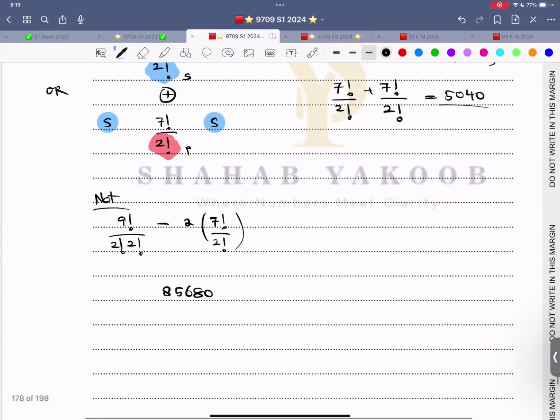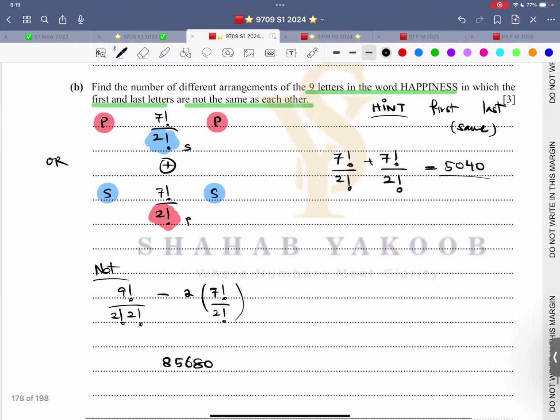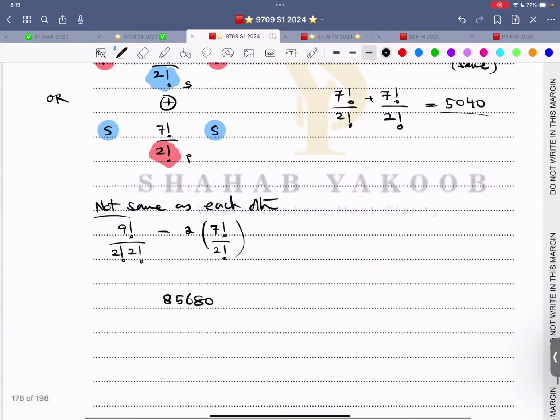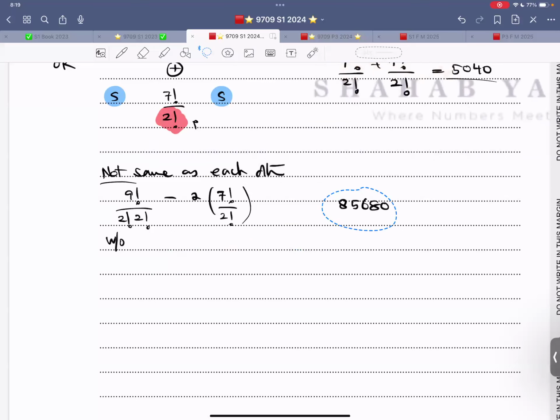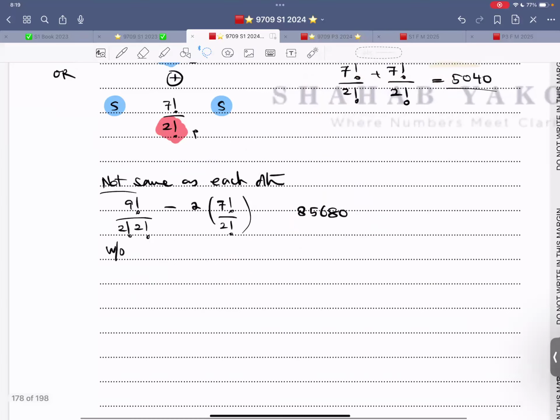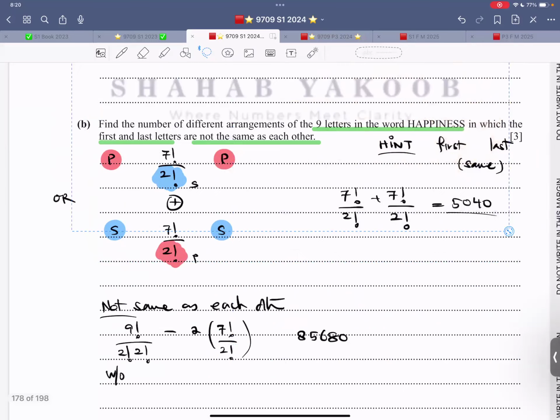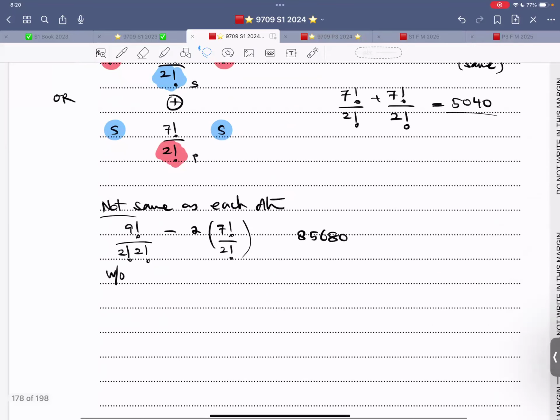And over here, this is not the same as each other. So that is without any restriction. Let me just move this on the sidelines. And this is without any restriction, minus this thing.